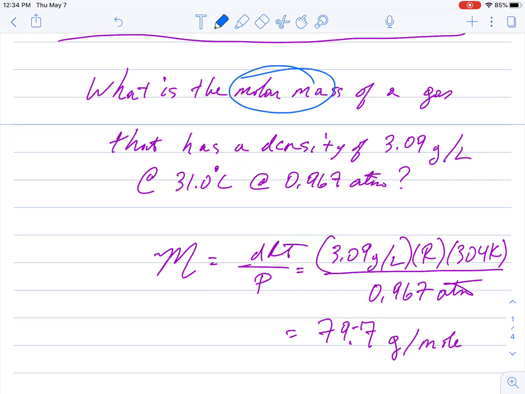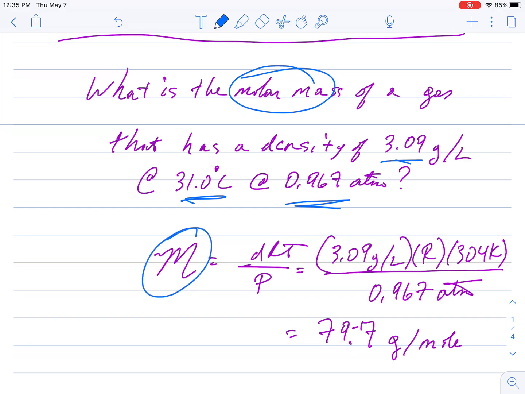So we want to figure out the molar mass of a gas, and we know the density, and we know that we're at 31 degrees Celsius, and we know that we have an atmospheric pressure of 0.967. So from this, we're going to try and find this molar mass.